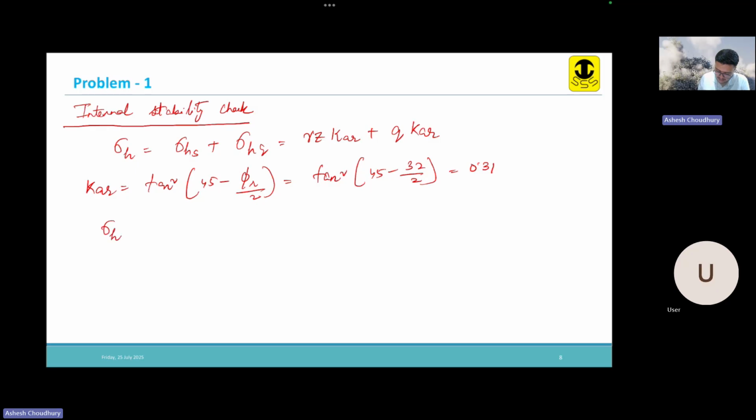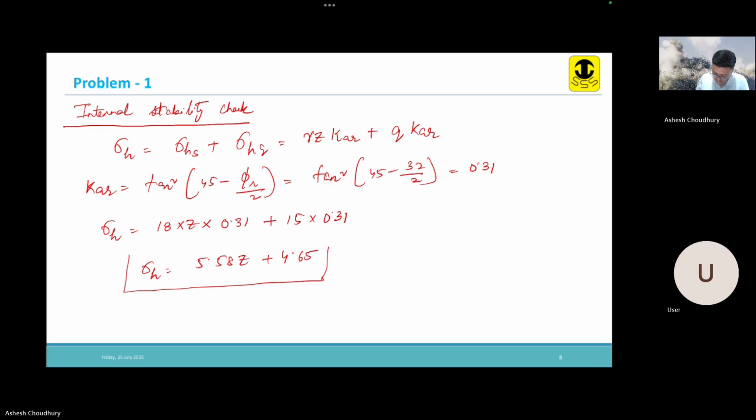Okay, gamma H and depth Z. This is my horizontal pressure, horizontal force, pressure you can say, whatever it is, coming at any depth Z.